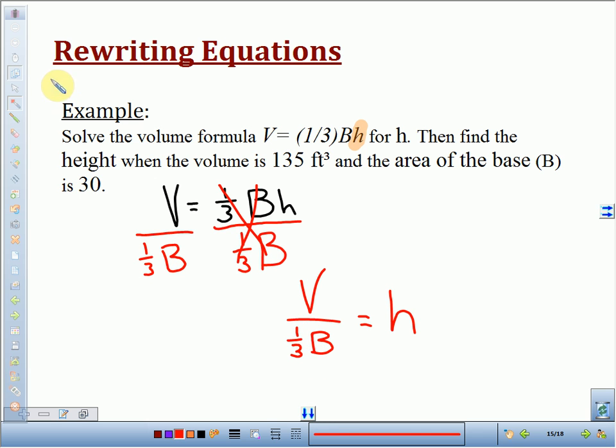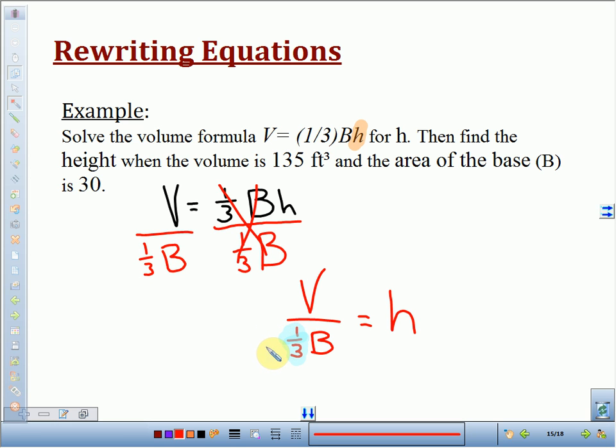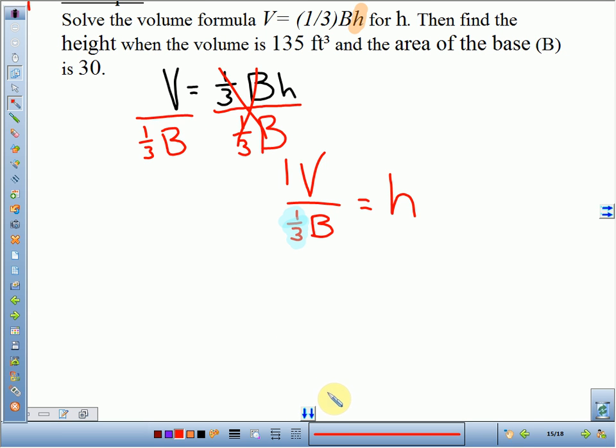Now this is a little strange because usually we will not want a fraction on the bottom of a fraction. So what we will do instead is pretend that we are dividing 1 by 1/3. The reason why we're doing that is because, as I've said, the calculator can handle that very easily.